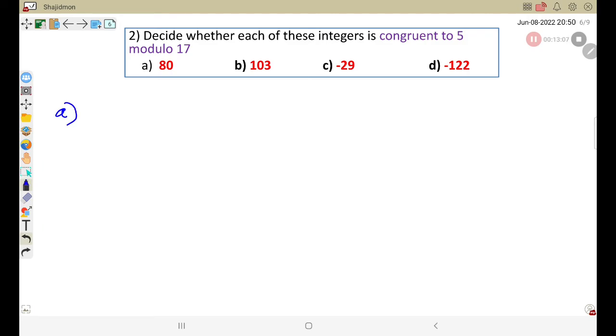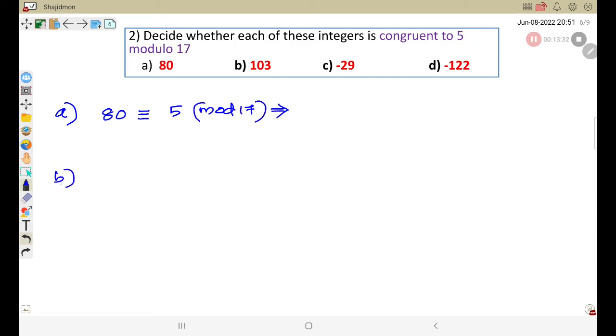Decide whether each of these integers is congruent to 5 modulo 17. Okay. So first we need to check 80 is congruent or not to 5 modulo 17. This is the first part of the question.